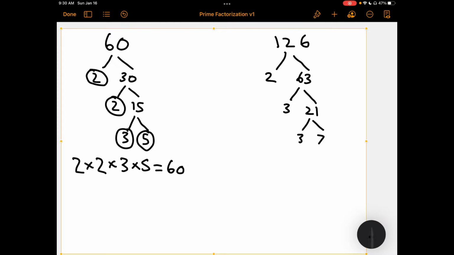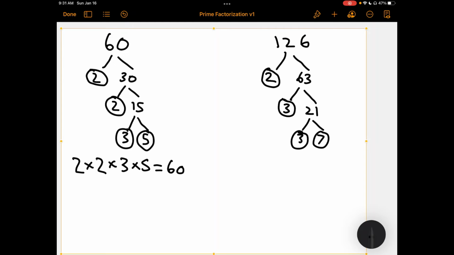And both of them are prime numbers, meaning I cannot divide anything else into those numbers except for 1 and itself. So 7: 2, nope, 4 can't go in there, 5, 6, 7 does. So it's a prime number. And so I have my primes for 126 as 2, 3, 3, and 7.